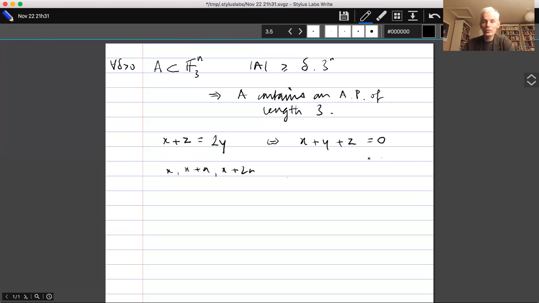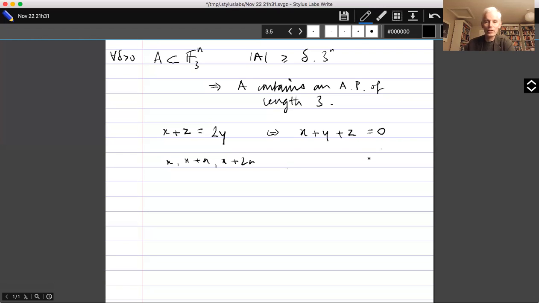Now, the proof that was known for a long time used Fourier analysis and gave a bound for the delta that will suffice for the theorem to work of roughly 1 over n. And that was a theorem of Meshulam.